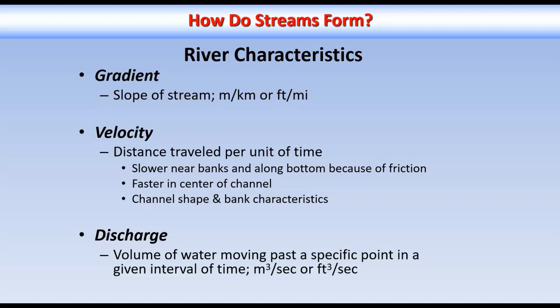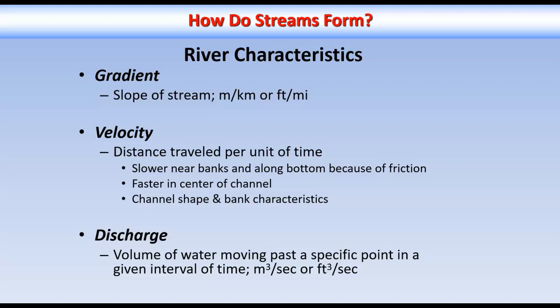So that's a pretty low gradient. If you're talking 5, 6, 7, 800 feet per mile, that's a pretty steep gradient. We would see the steep gradients in the headwaters. We would see the low gradients in the kind of plains area. And of course, velocity is affected by gradient: steeper, faster; gentler, not as fast.